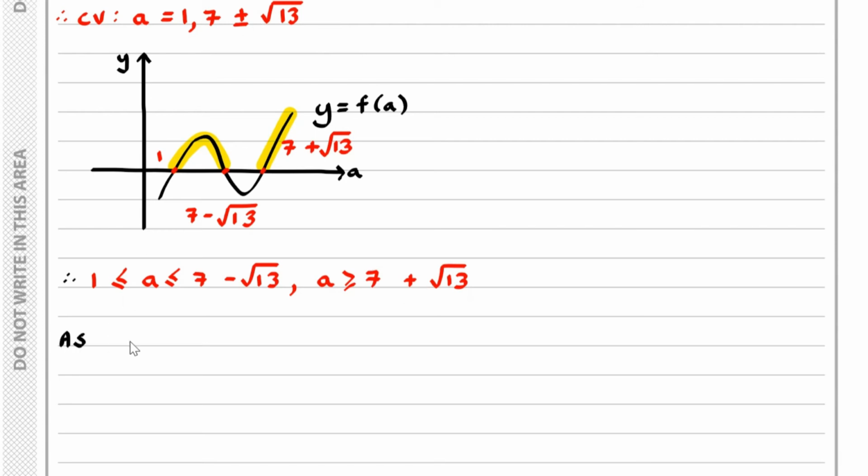And again, as a is in between 0 and 5, our solution will be 1, which is less than or equal to a, which is less than or equal to 7 minus root 13.